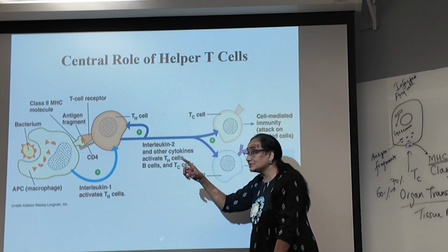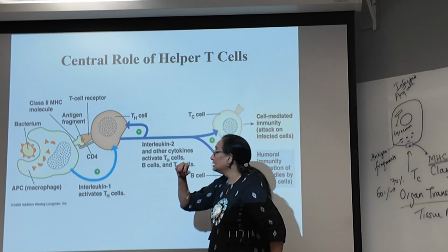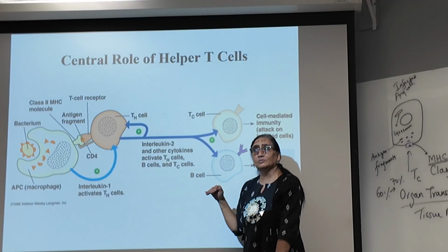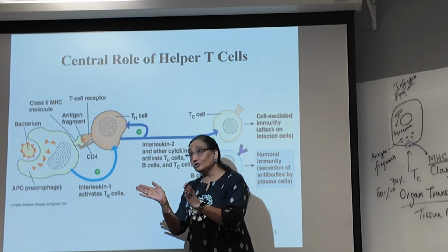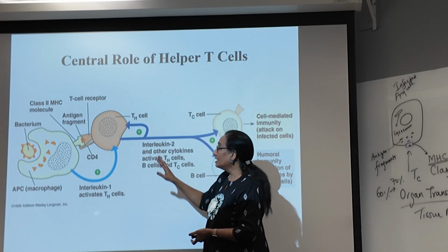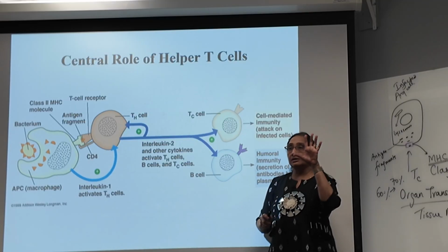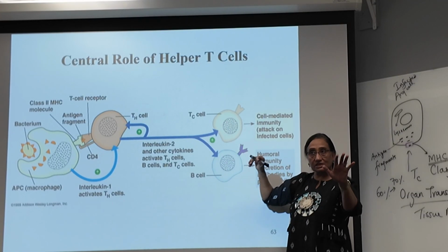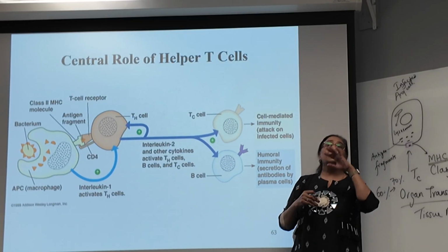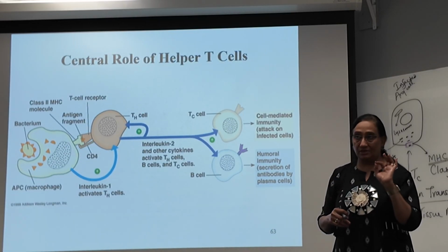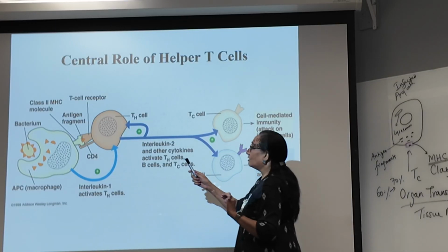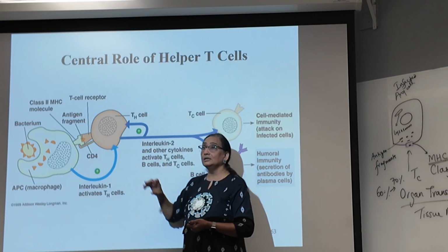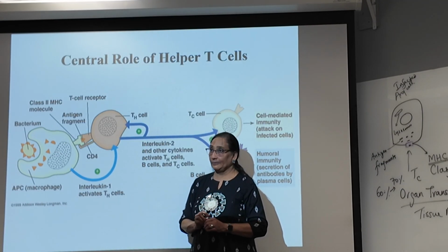So the helper T cell is like the link between T cell mediated immunity and antibody mediated immunity. It ensures that both of them get stimulated, okay? So that you're not leaving anything. You're making sure that any infected cell is also destroyed. You're also making sure that extracellular pathogens are destroyed, okay? So that's why we call the T helper cell as having a central role in immunity, okay?